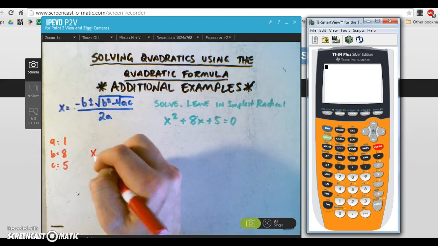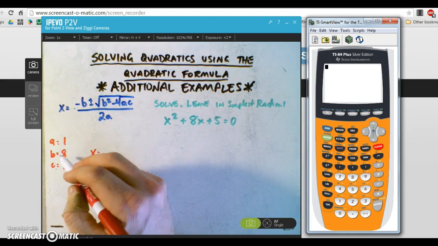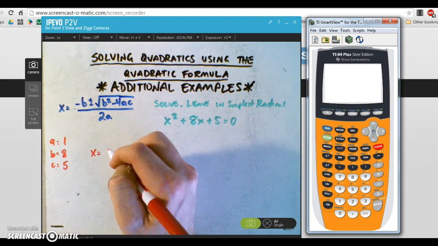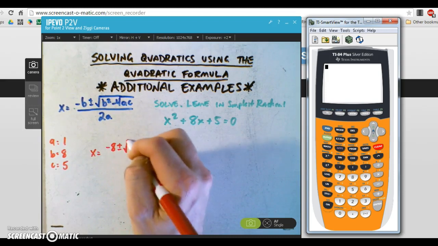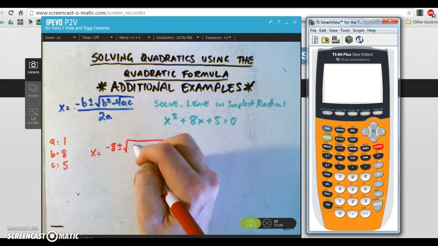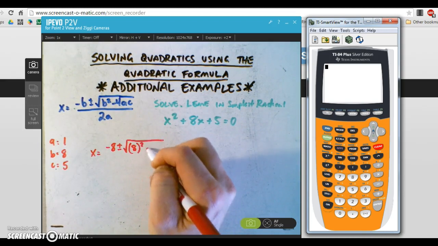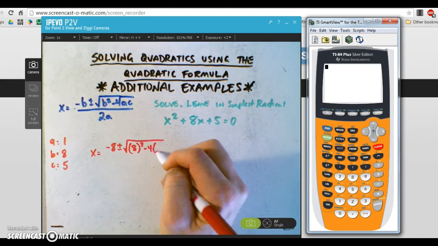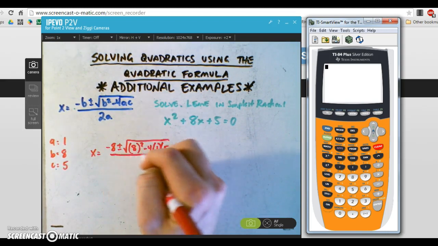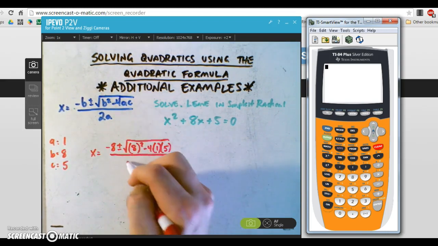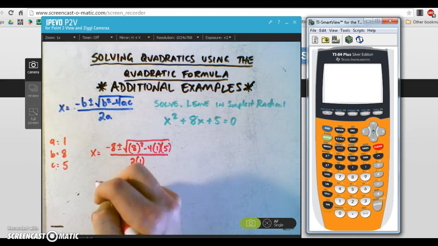So x equals negative b. Well, 8 is positive. B is positive here. So negative b is going to be negative 8 plus or minus the square root of b squared. That's 8 squared minus 4 times a, which is 1, times c, which is 5, all over 2 times 1.